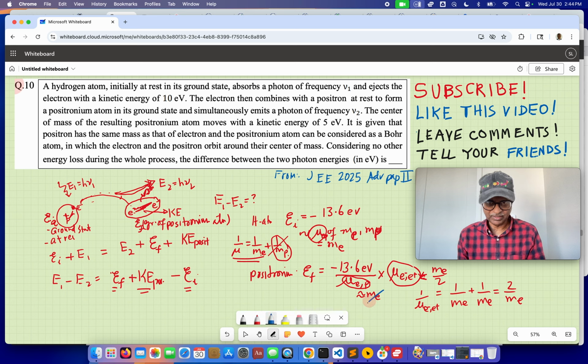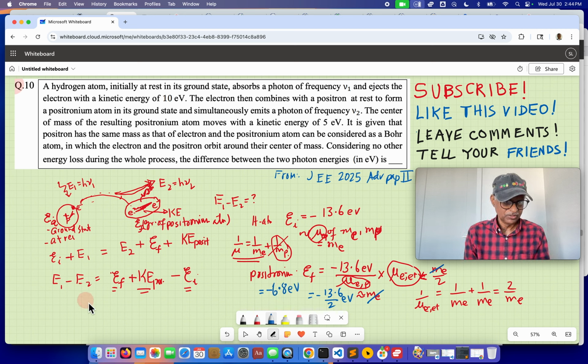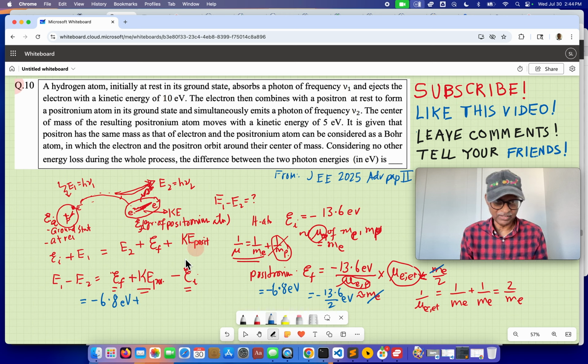So we get to cancel this, and E final is minus 13.6 over 2 eV, which is minus 6.8 eV. The kinetic energy is given to be 5 eV, minus minus 13.6 eV.